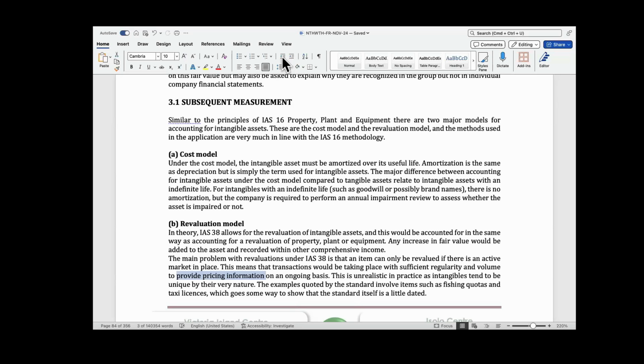Websites are distinct to every entity, and the complexity of your web app will determine how you would determine your cost. So most intangible assets will use the cost model, majorly because of the requirement that there must be an active market with a high volume of transactions on that asset, which doesn't exist for most intangible assets.